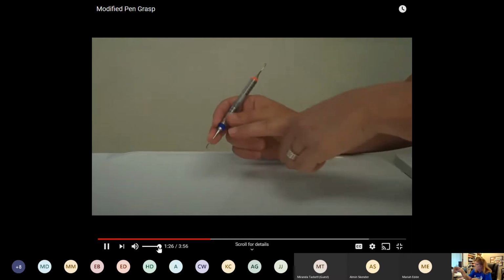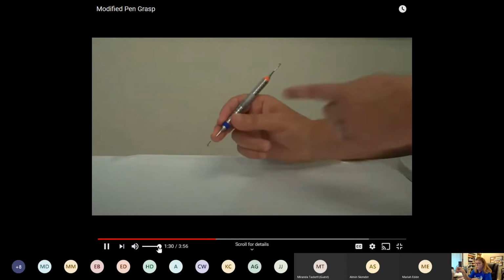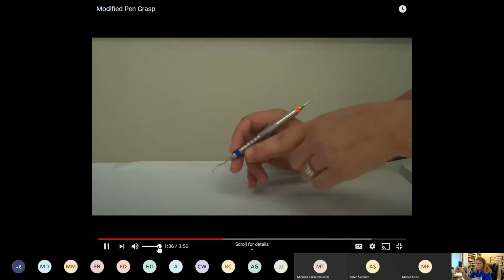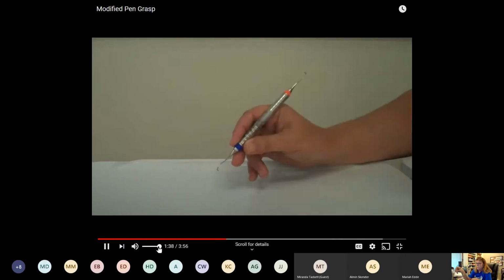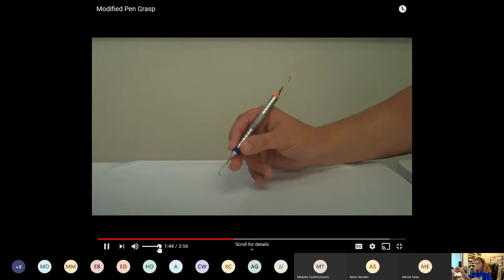So remember, we said the shank was the part of the instrument that ran from the handle to that working end. So in your modified pen, your thumb and your index finger are going to be across from each other with a slight space.